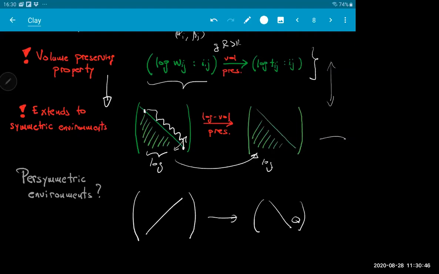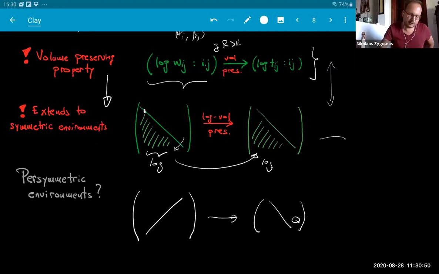And maybe let me try to explain very impressionistically why this is. So the way we had managed to establish a volume preserving property in this symmetric case was again through these local moves that I introduced earlier.